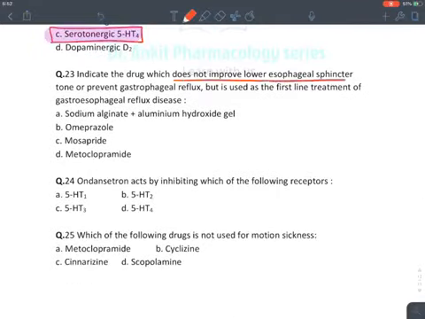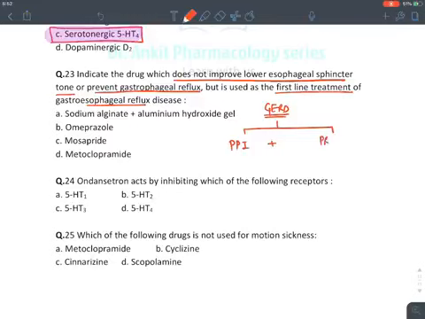Indicate the drug that does not improve lower esophageal tone or prevent reflux, but it is used in the first line treatment of GERD. Now the treatment of GERD is, remember, proton pump inhibitors plus prokinetic.